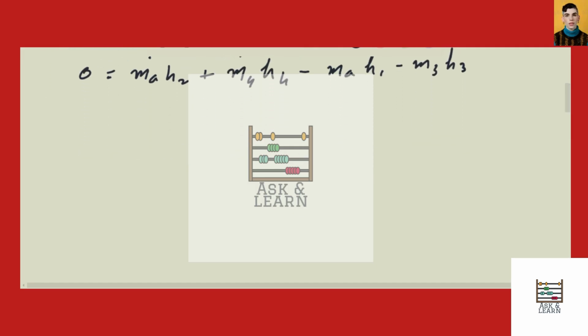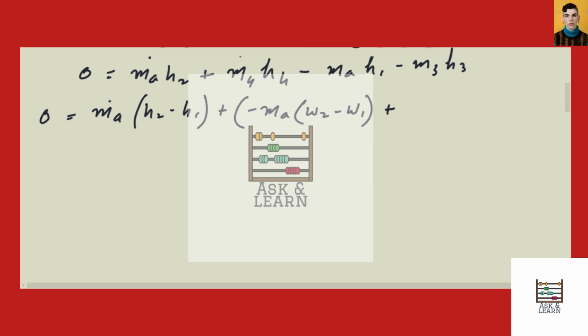So next we have 0 is equal to MA into H2 minus H1 plus minus MA into W2 minus W1 plus M3 multiplied by H4 minus M3 H3.